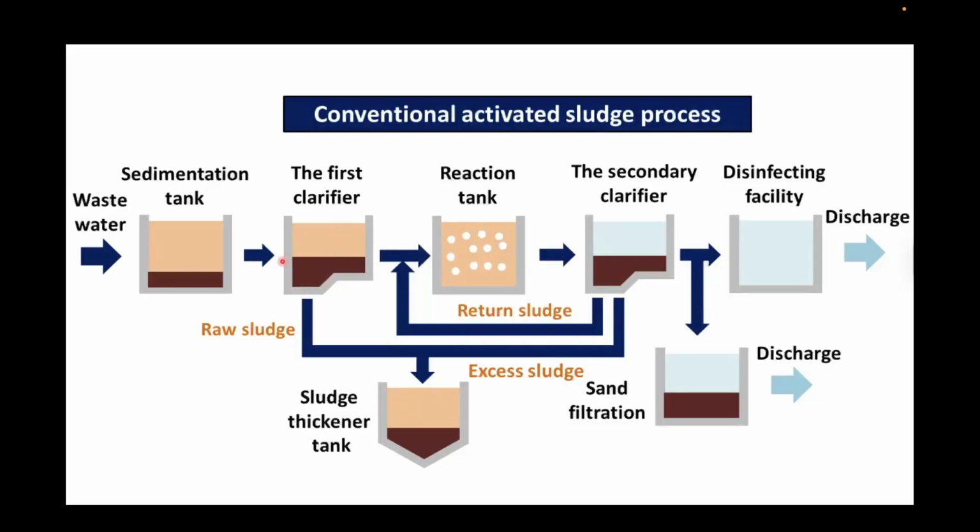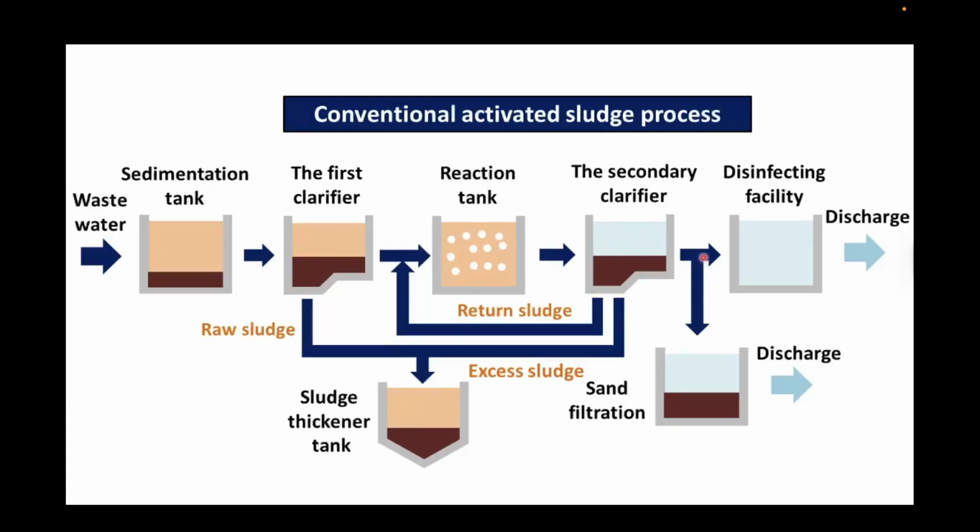Now, in the first clarifier, the sediments are removed and the organic material dissolved water is sent into a reaction tank wherein there is addition of fermenting bacteria, which consume the organic matter present in the slurry present in the wastewater.